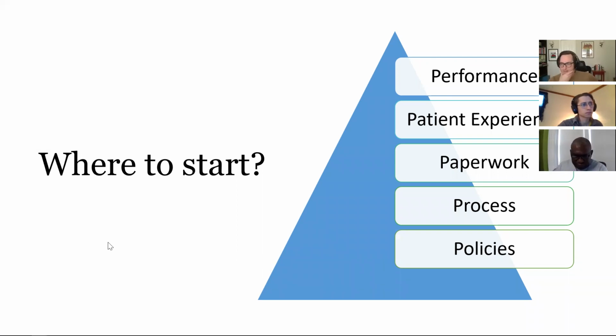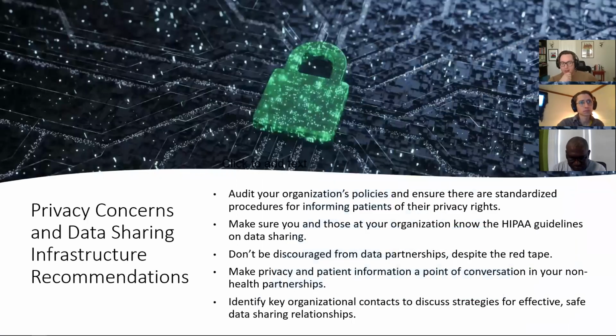Next slide. So these are some quick recommendations that I think you can take steps to start addressing those elements that we talked about. And if you want to start with policies, then what policies does your organization have? What are the procedures that you have to share data?